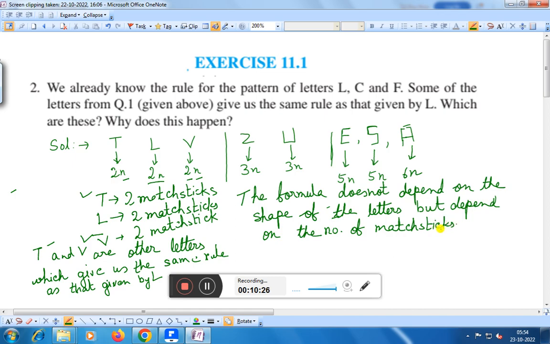Right? That is the reason. The formula does not depend on the shape of the letters but depends on the number of matchsticks.